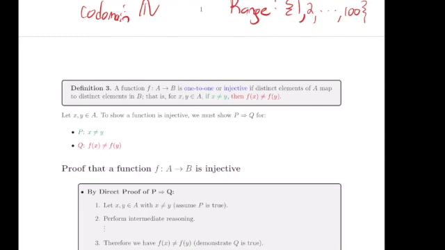And if two inputs have the same output value, then they have to be equal to each other. In other words, what we can't have is two different inputs being mapped to the same output.